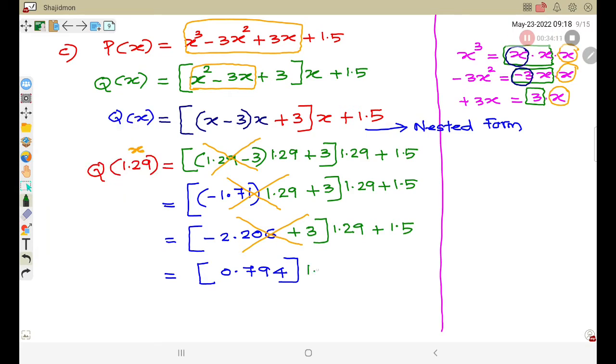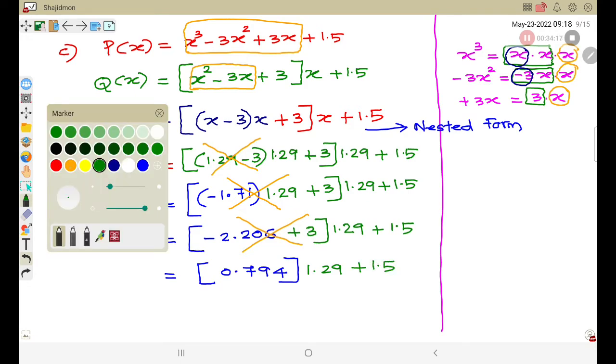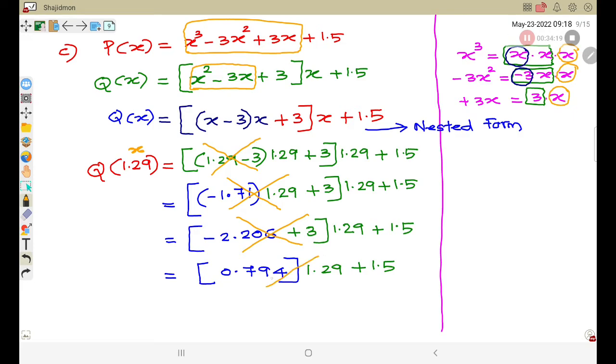That is multiply 1.29 plus 1.5. Continue this process. Again next two numbers, these two numbers 0.794 multiply 1.29. You will get, with 4 digits rounding, 1.024. Okay. The next number same, plus 1.5.